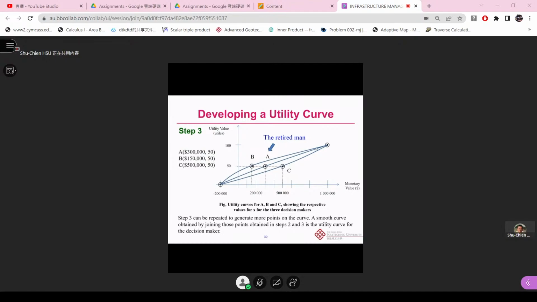If it is a straight line, then it equals the EMV. Decision maker A looks a bit straight, but actually it is already upward.